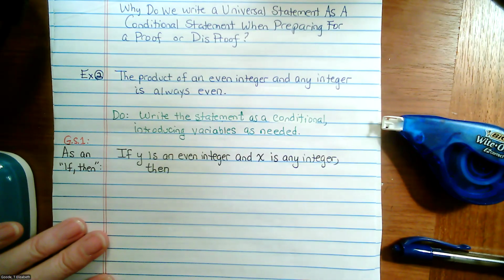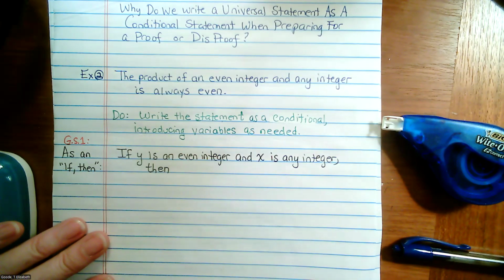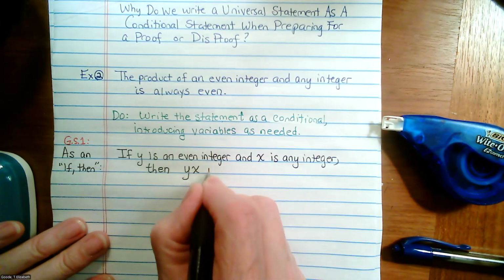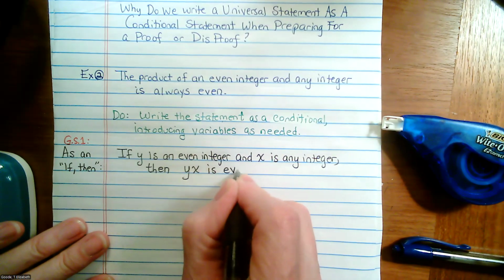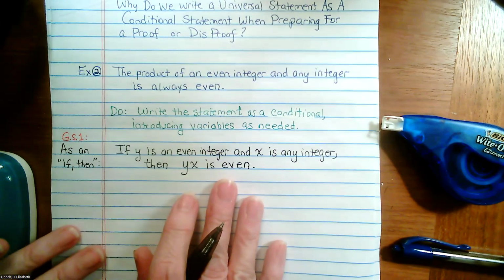The product is always even. Very nice. And how do we write the product? Then it's going to be y times x is even. I'll just use the word even. We'll get into the definition here in a minute, but for now, this is really nice.